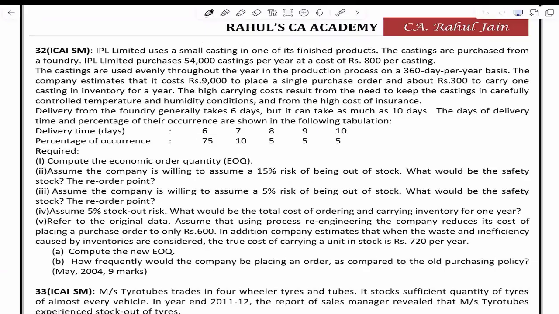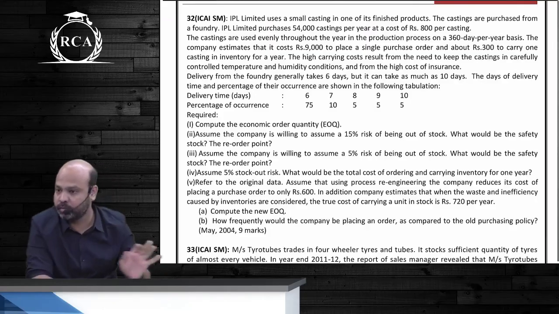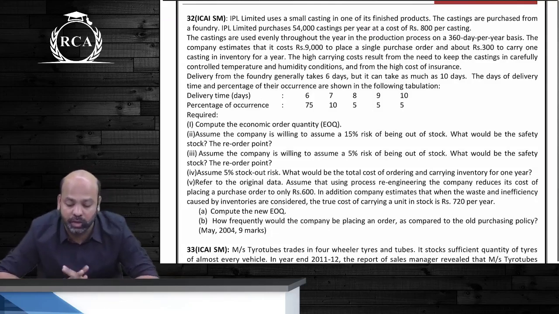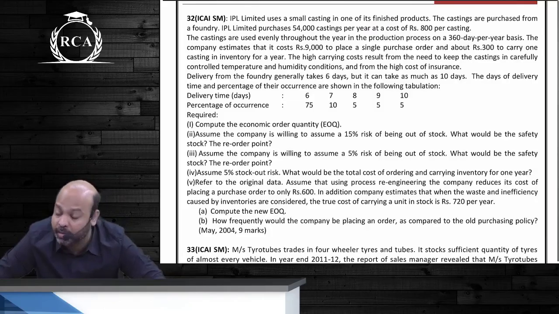Harshita, EOQ, calculator. Under root 2 times 54,000 into 9,000 divided by 300. That will be how many units?